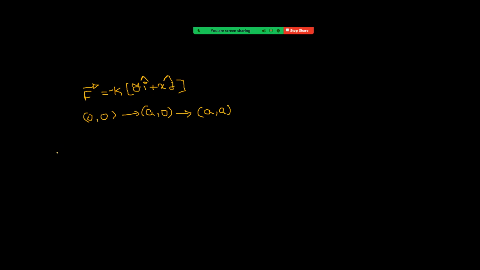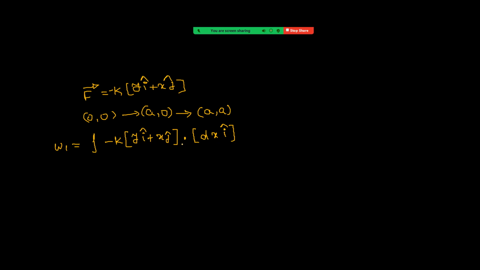First focus on the work done along the x-axis. Let us call it W1. So W1 is the integral of F bar, minus K into (y i cap plus x j cap), dot a small displacement dx along the x-axis, dx into i cap. Students, see carefully.